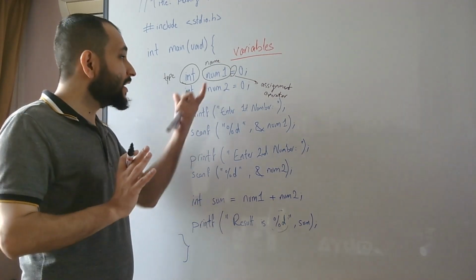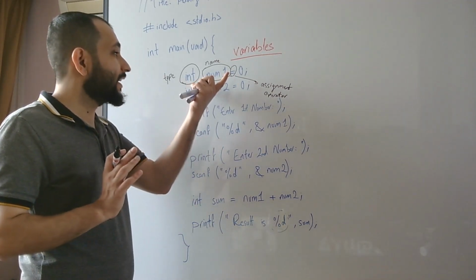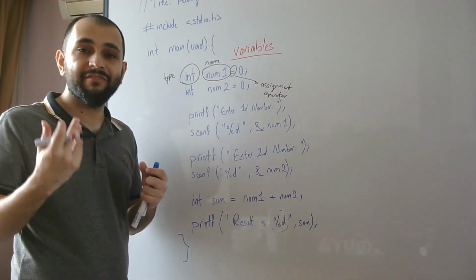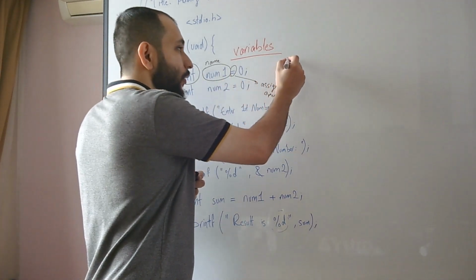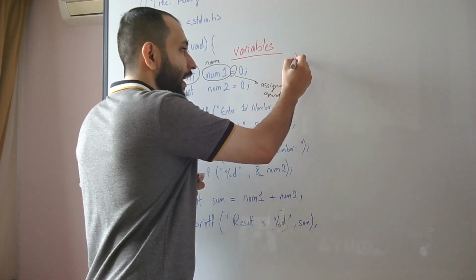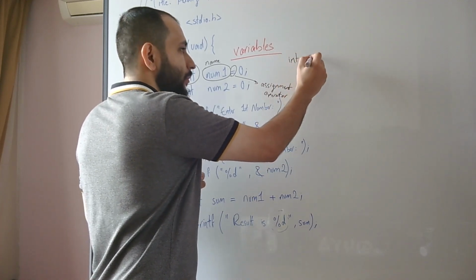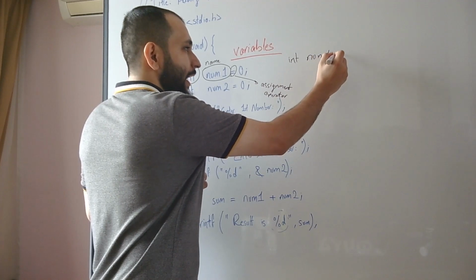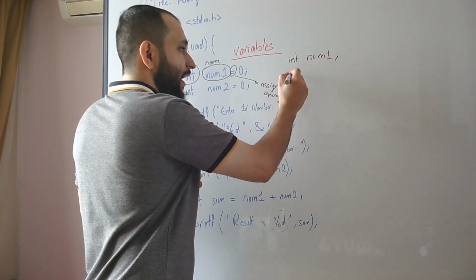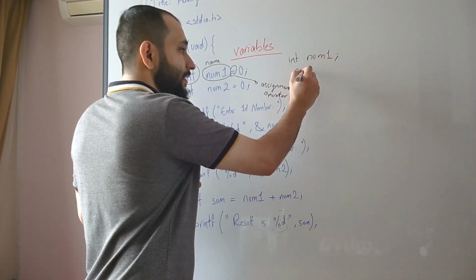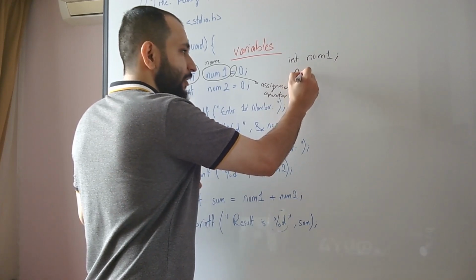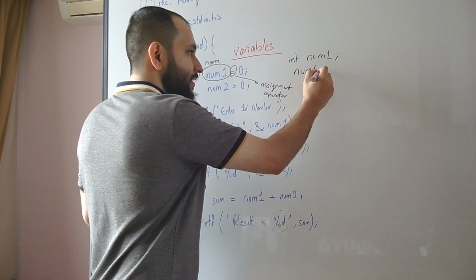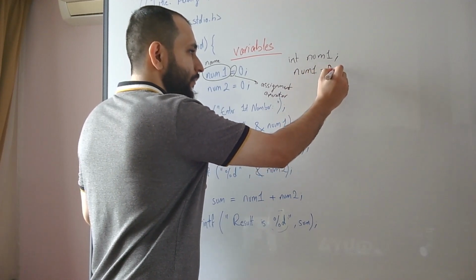Finally, this line of code, this declaration of the variable, can in fact be divided into two lines of code. First we declare the variable num1 and end the statement, and secondly we provide the value: num1 is equal to 0.